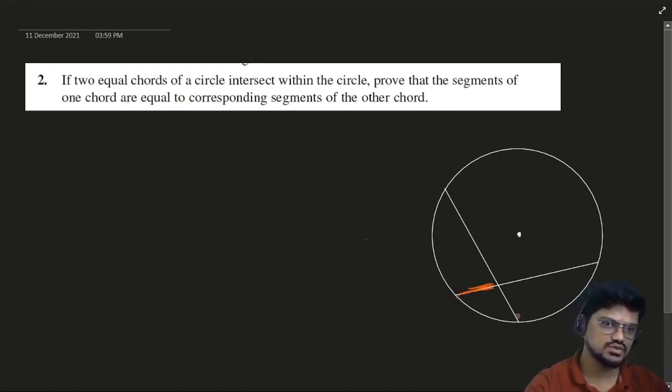This segment is equal to this, and this segment is equal to this. That's what we need to prove.